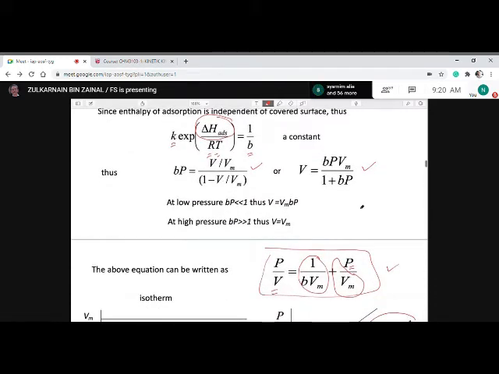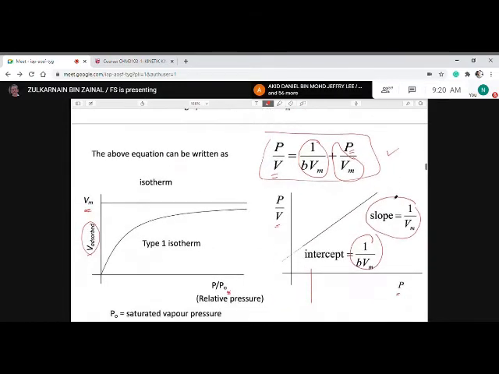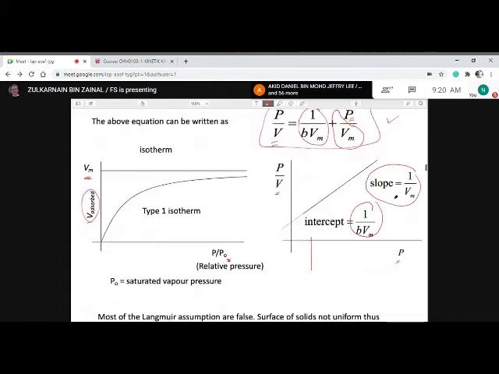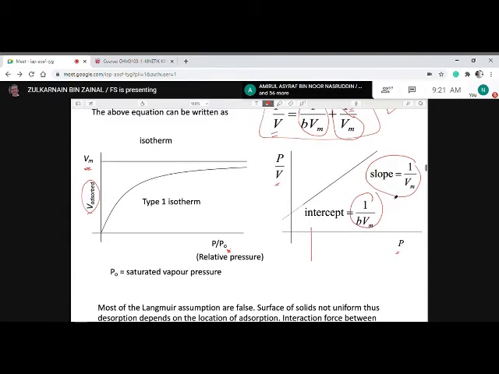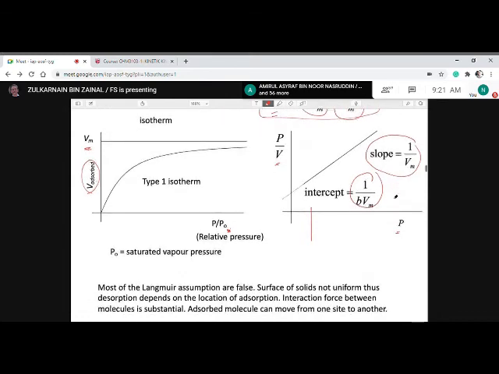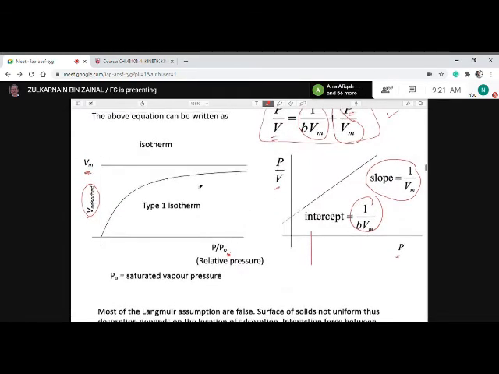So the amount adsorbed V versus the pressure, that's why you get a curve rather than a straight line. You can make the equation a straight line, and you can get the value of Vm and so on from the straight line.